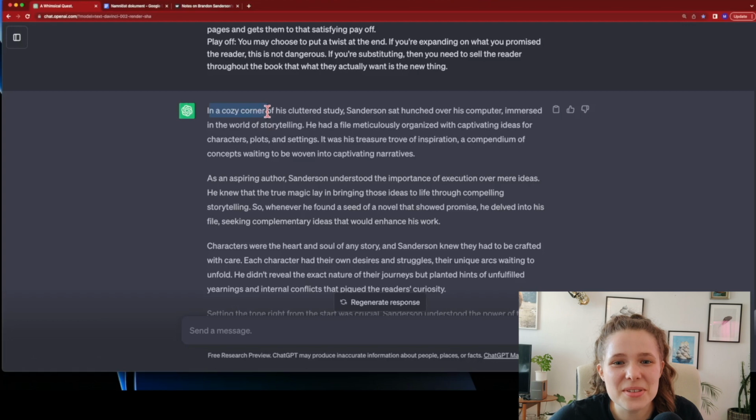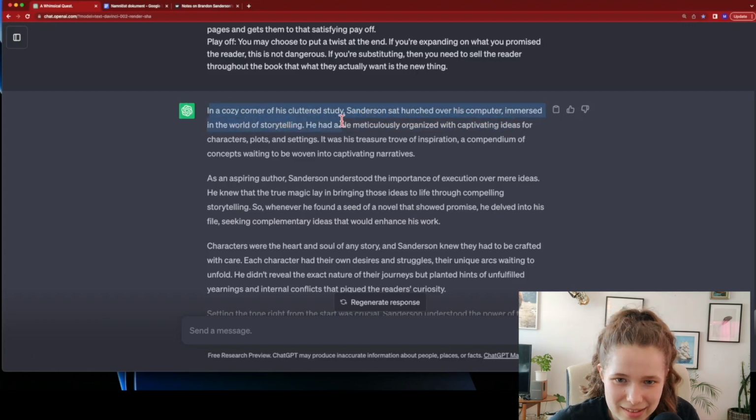In a cozy corner of his cluttered study, Sanderson sat hunched over his computer, immersed in the words of storytelling. He had a file meticulously organized with captivating ideas for characters, plot, and setting.